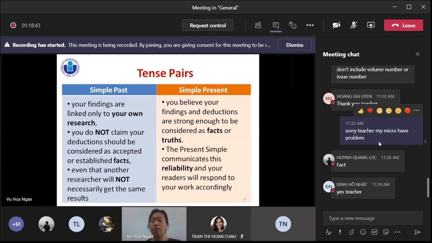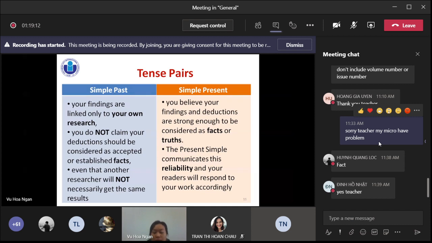And again, you mean that you find some reliability in that. So if you use simple present tense in the statements, you are quite sure about the findings. It can be the truth or it can be the fact. And other researchers should find the same thing, right?